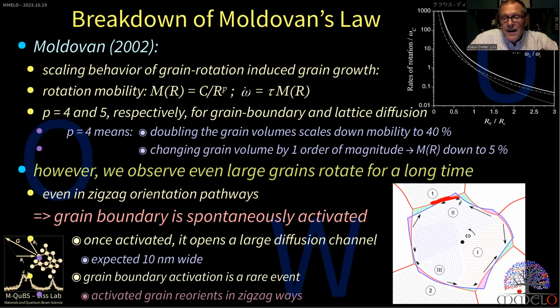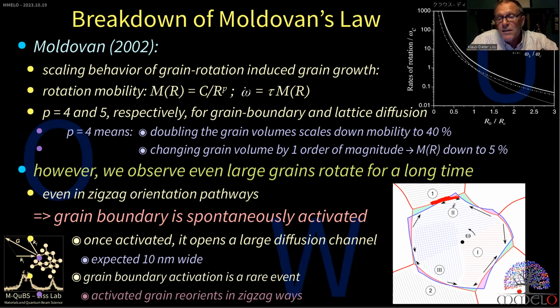And then I have a lot of grain boundary diffusion. It opens up diffusion channels, and there's literature behind that. And these diffusion channels then allow the grain to rotate, to reorient, at least in this area.